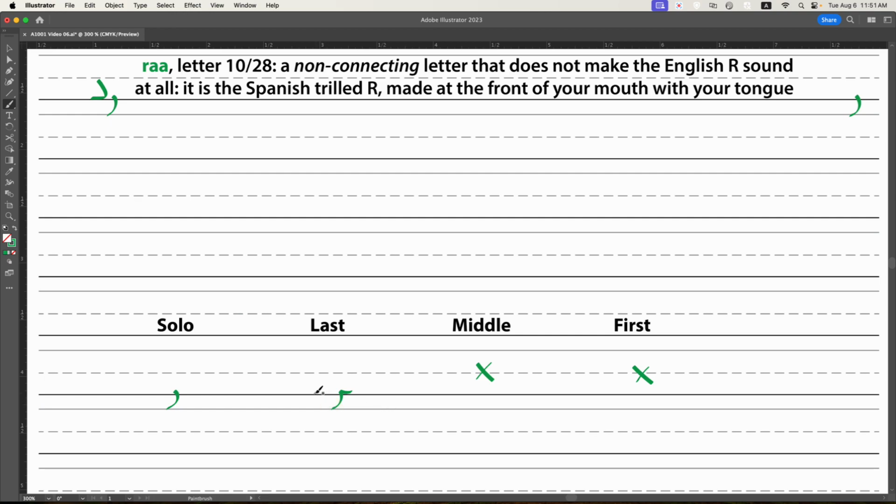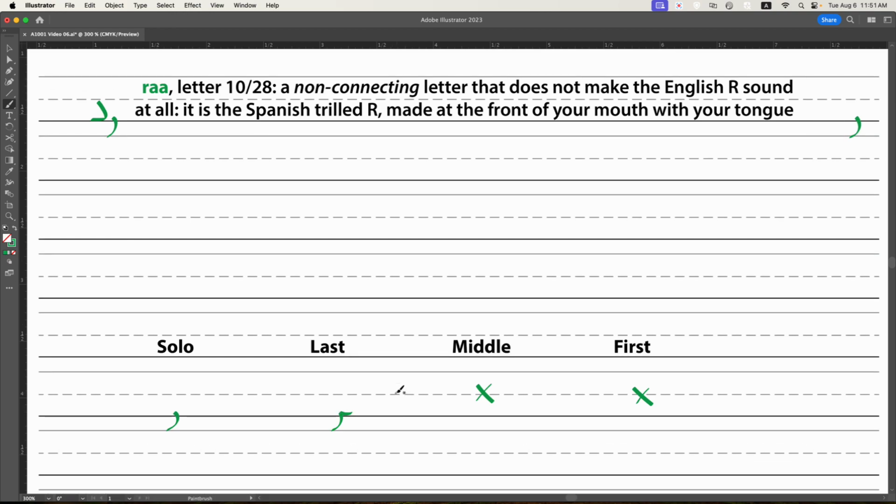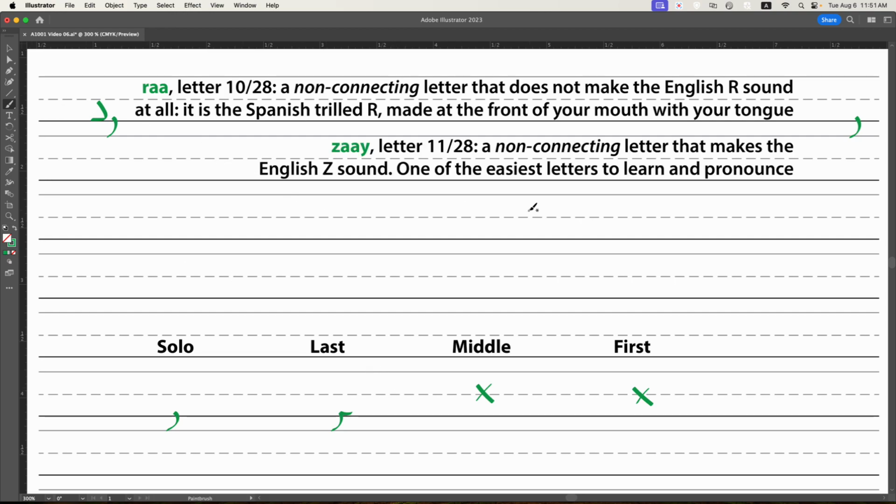Because it has a tooth in print, many people in handwriting will make a big old tooth and go down like this, and we don't want to do that. We want to dangle it directly from the line like this when we make Ra at the end of a series of letters. So that is Ra.